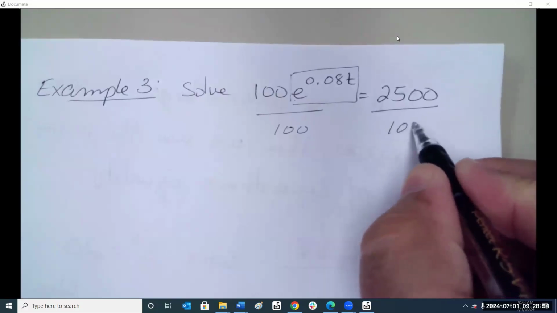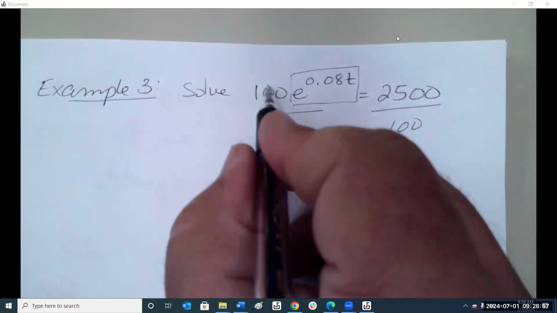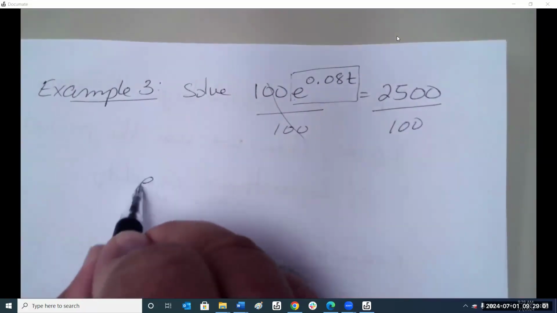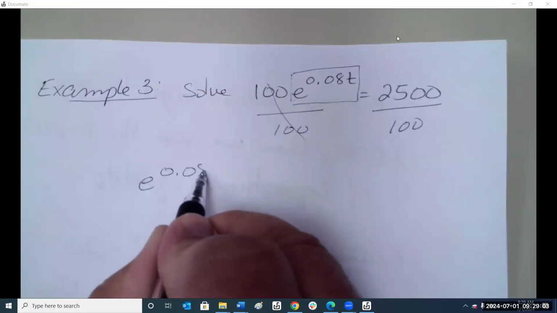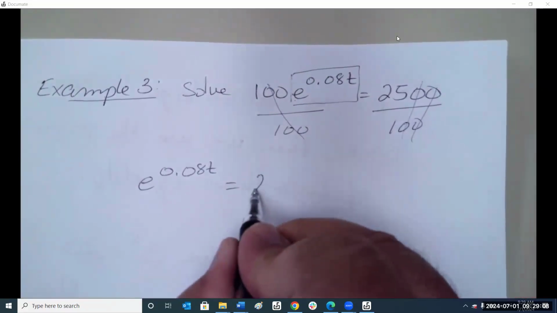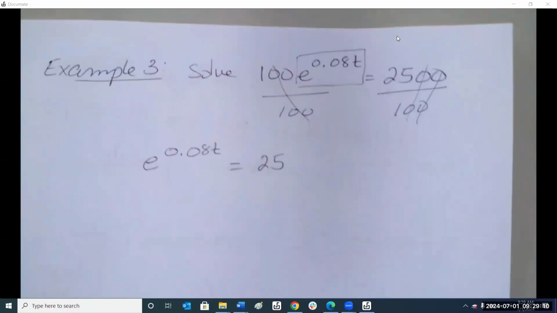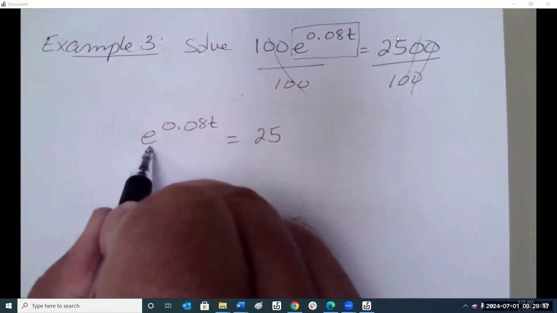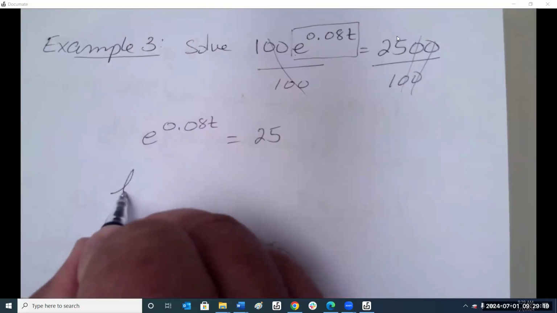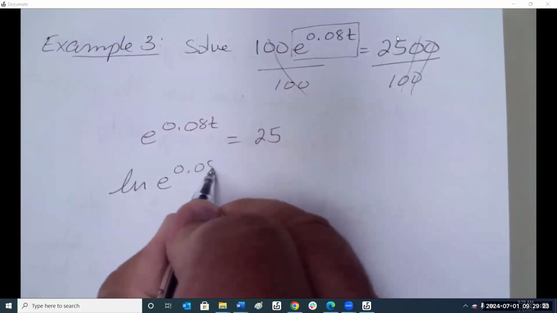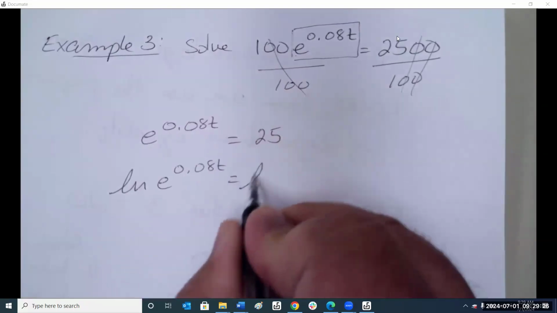So we divide both sides by 100. That gives us e to the power 0.08t equals 25. Since the base is e, we can use ln of both sides.